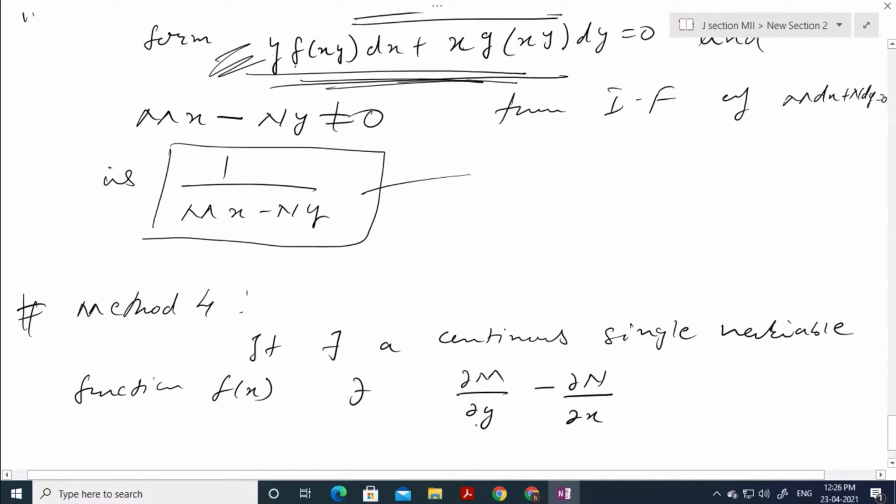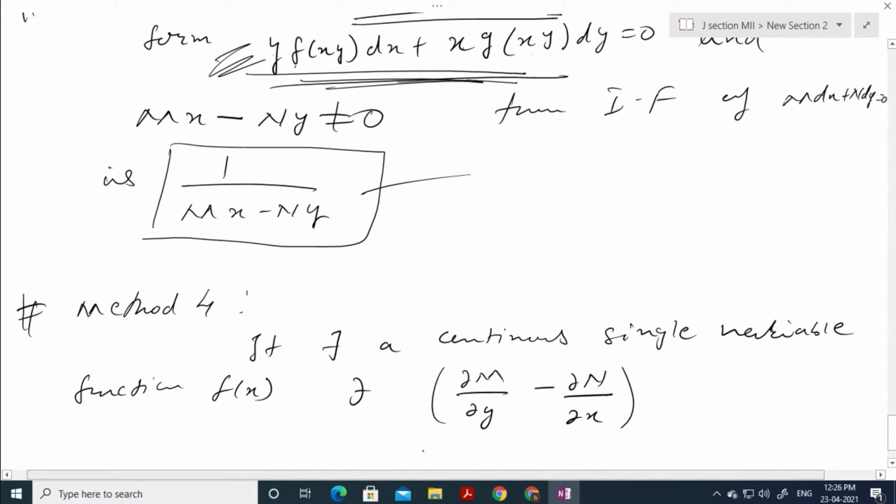Tell me, for the given differential equation which is not exact, will this quantity be 0 or not? No, not 0, because since M dx plus N dy is not exact, obviously this quantity will have some value for this difference.